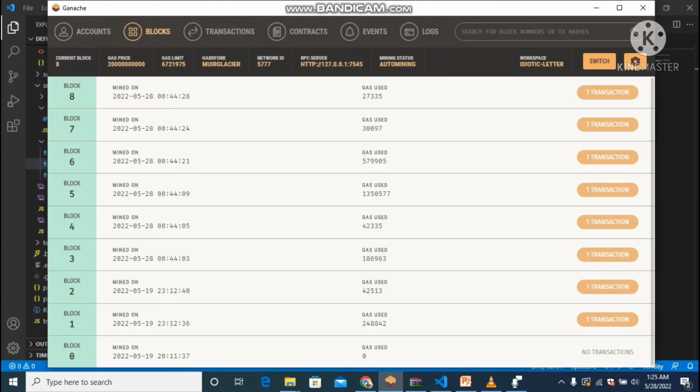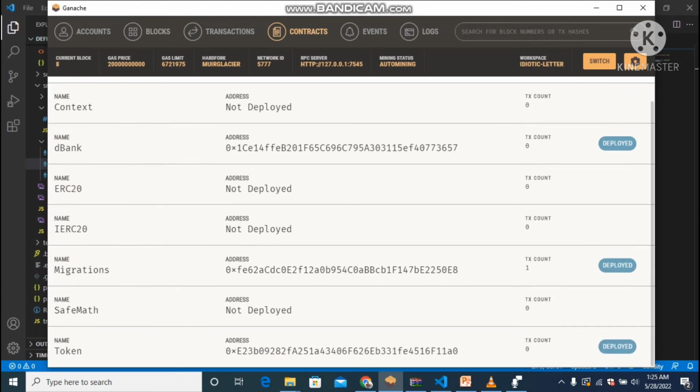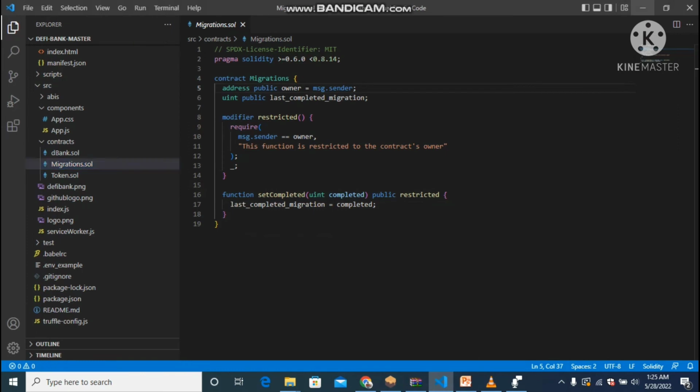These are the transactions that I have done, and they have created blocks. As you can see, all these blocks are interconnected with each other, and these are the contracts that are deployed: dbank, the migration, and the ERC20 token. So now let's see the front end of our project.